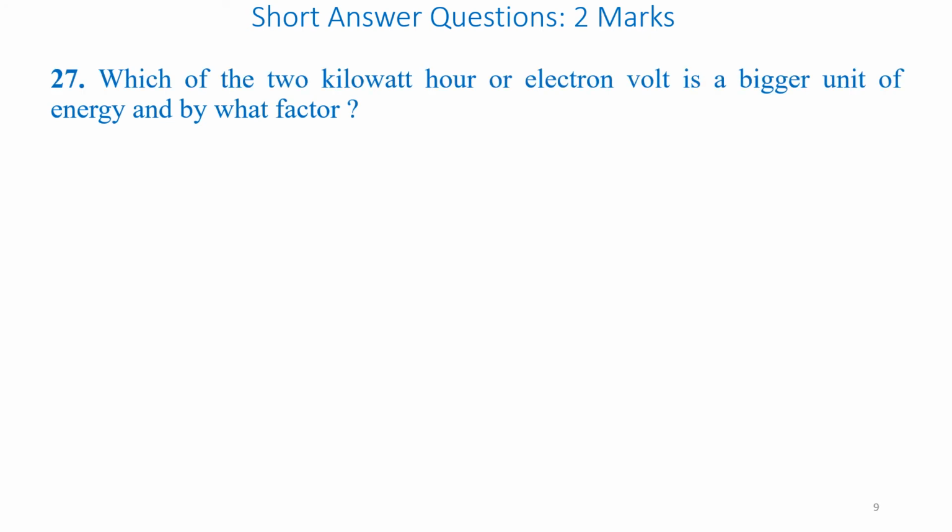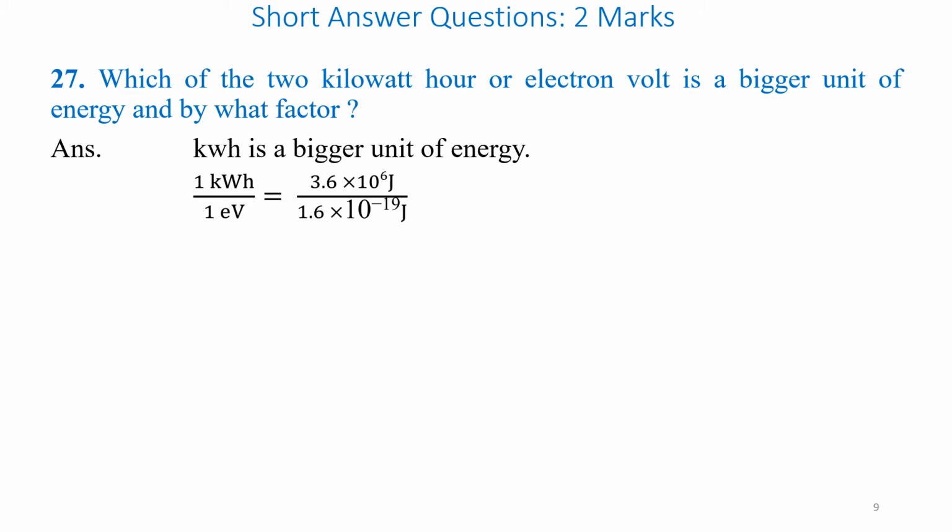Which of the two units, that is kilowatt hour or electron volt, is the bigger unit of energy and by what factor? Kilowatt hour is the bigger unit because 1 kilowatt hour is equal to 3.6 into 10 to the power of 6 joules, whereas 1 electron volt is 1.6 into 10 to the power of minus 19 joules.